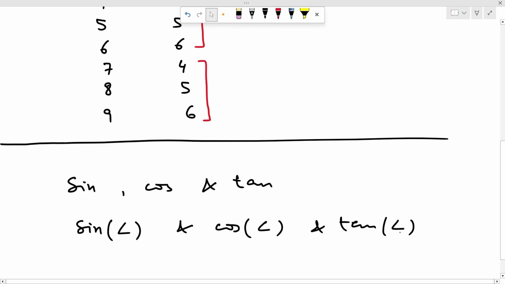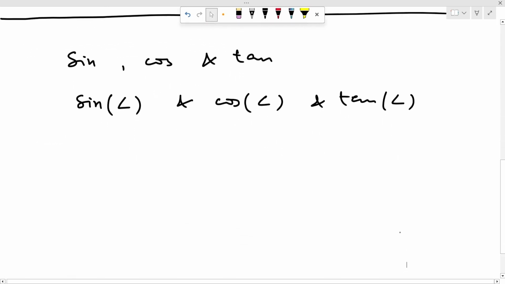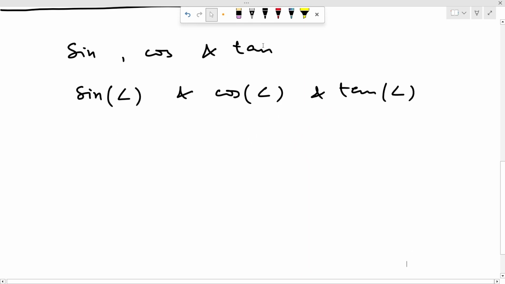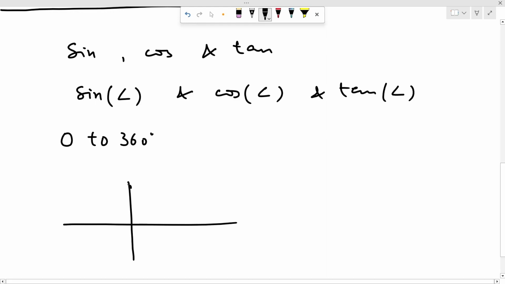So let's see how their outputs behave when we plug in angles from 0 to 360 degrees. So first we will look at sine, where x will be the angle from 0 to 360 degrees.